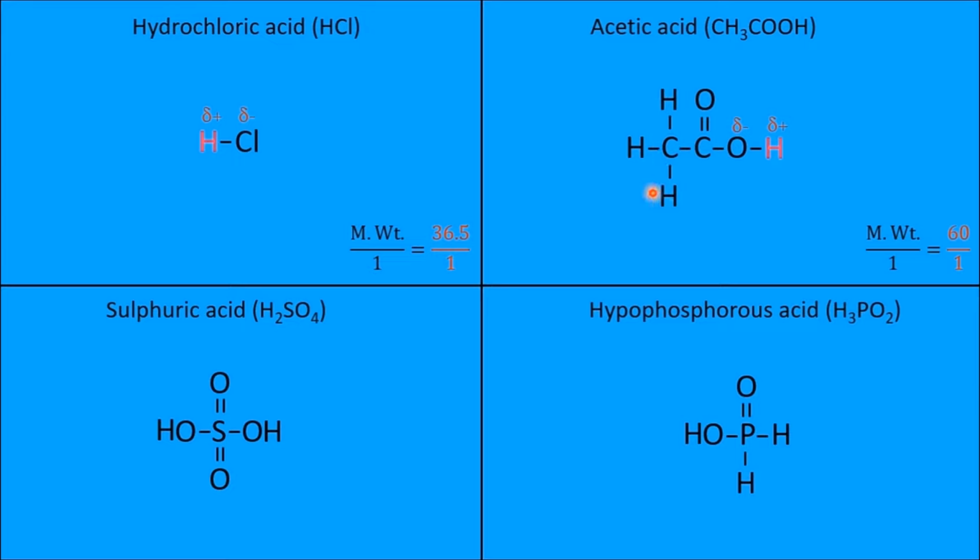So, these are non-polar hydrogens, not removable, not replaceable when it reacts with a base. Hydrogen is highly removable since it is joined to the highly electronegative oxygen. So, what is the basicity here? Only one removable. So, by 1.